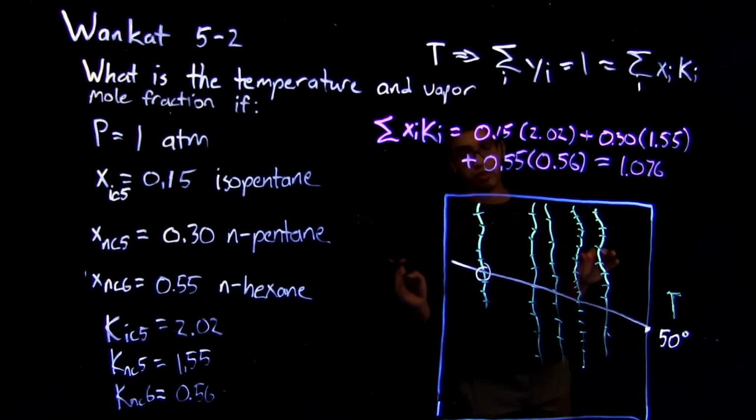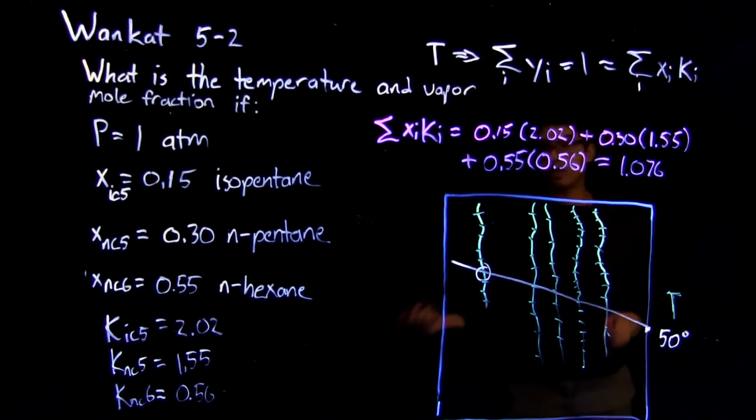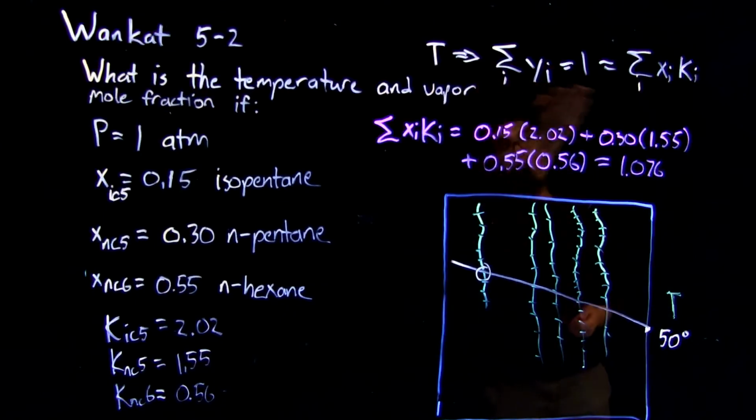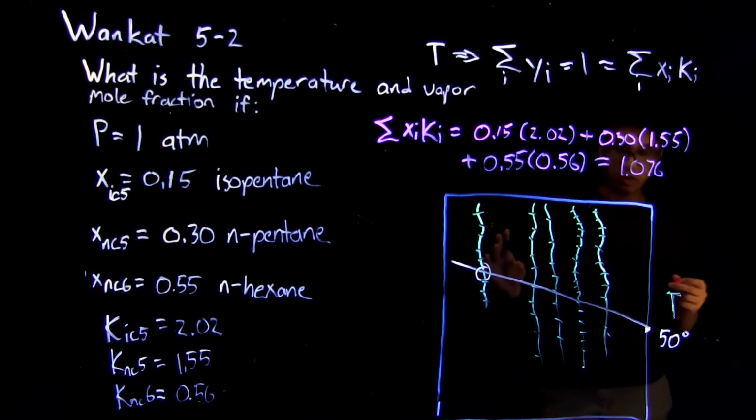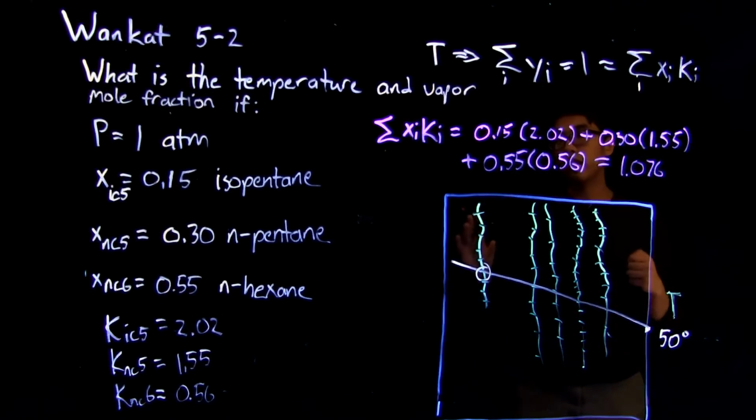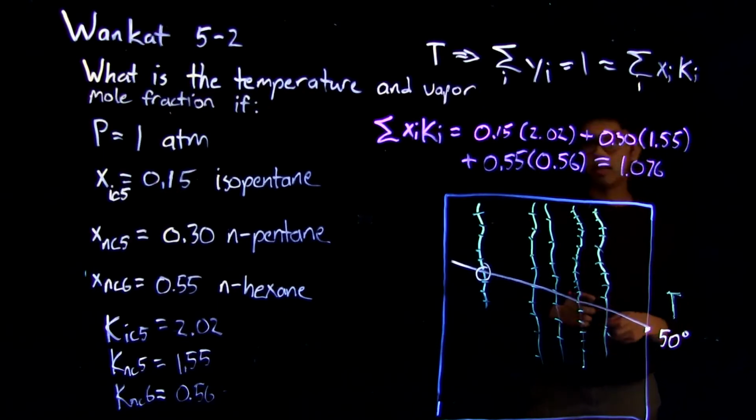This is not equal to 1, which means that our solution has not converged. So how do we improve our guess for T? Ultimately we're trying to find the correct T which satisfies this relationship. Now we're going to use a reference value of K in order to improve our temperature guess and help us converge towards the right answer.